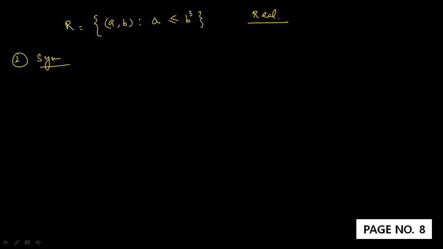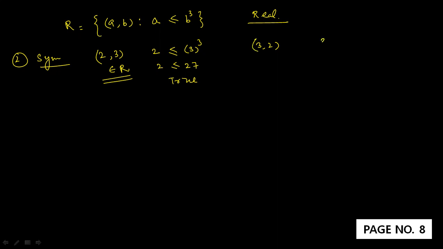If I am writing 2 and 3, the condition is 2 less than equal to 3 cube. It means 2 less than equal to 27, which is true. It means 2, 3 belongs to R. Now what about 3, 2?